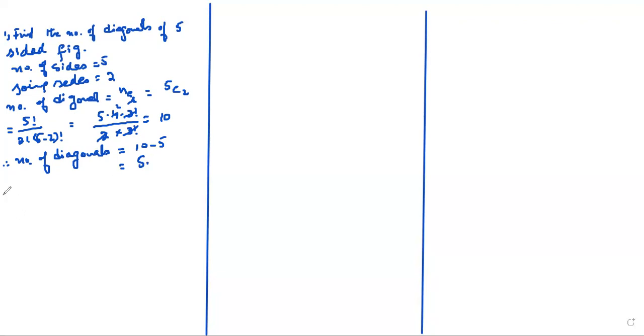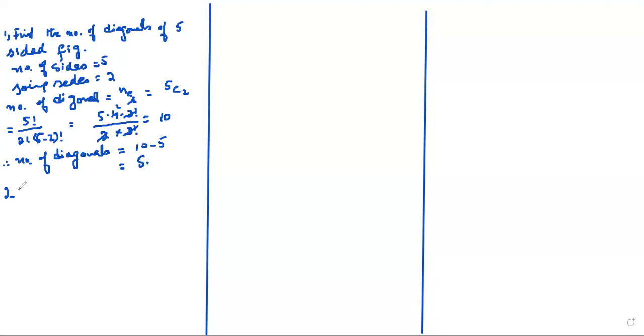Number 2. The question is a little bit different. How many triangles can be formed by joining the vertices of a 5-sided figure? This time we have to find the number of triangles.